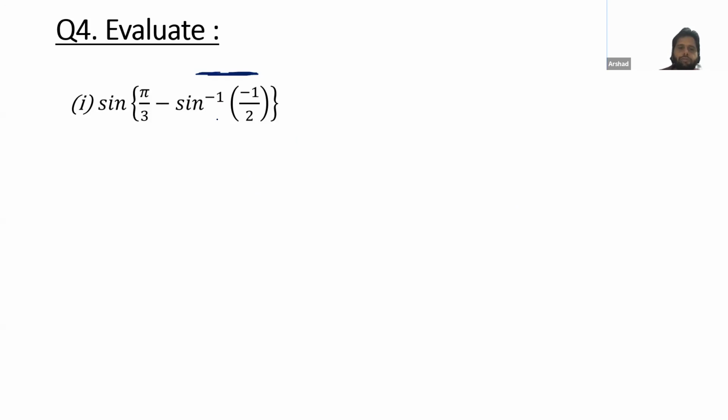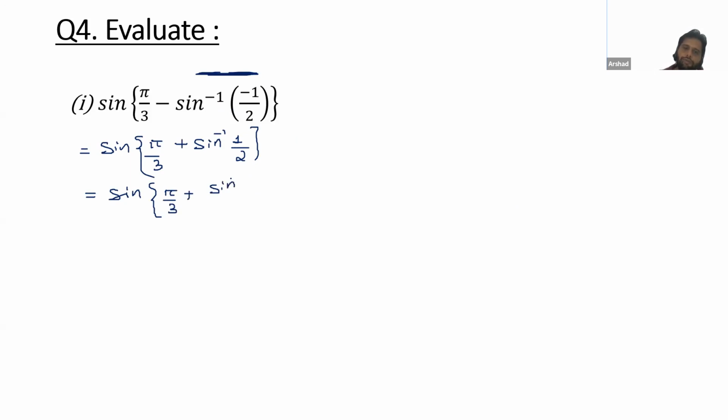So what you have to do here: this is sine inverse of minus 1 by 2. We know this formula, so we will write sine of pi by 3, and here you will get a plus, sine inverse 1 by 2. What is sine inverse 1 by 2?